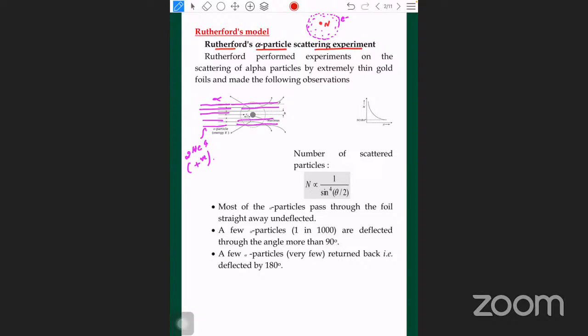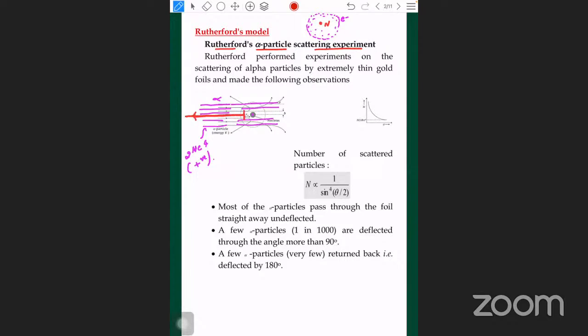But the entire mass is at the center. So whenever an alpha particle is moving exactly toward the center, it will stop at one particular point and it will repel back. Why is it going to repel back?